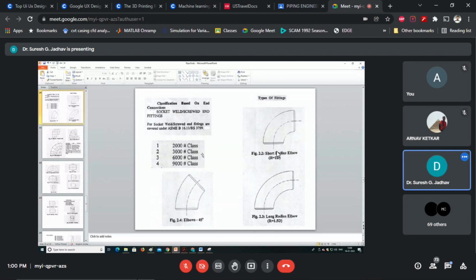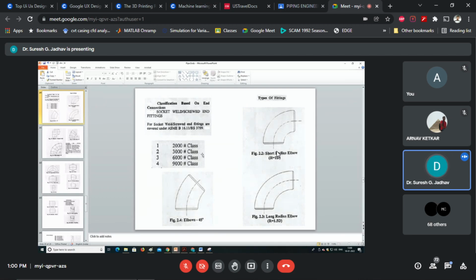Now socket weld fittings under this class are normally used with schedule 160 pipes. Here, pipe thickness for this class should consider schedule 160 for socket weld and screw fittings with double XS pipes.